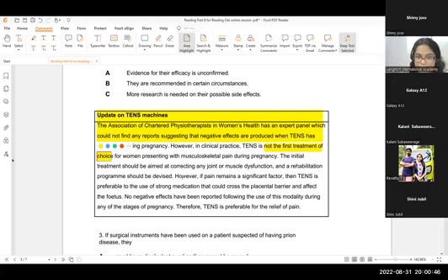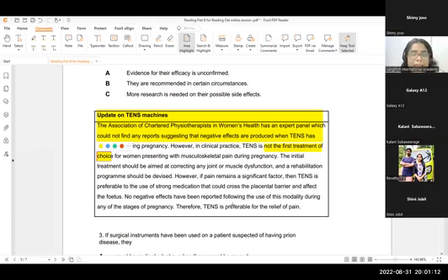Continue. However, if pain remains a significant factor, then TENS is preferable to use of strong medications that could cross the placental barrier and affect the fetus. So TENS is not the first choice. The first choice is correcting the joint and muscle dysfunction, then coming up with a rehabilitation program.